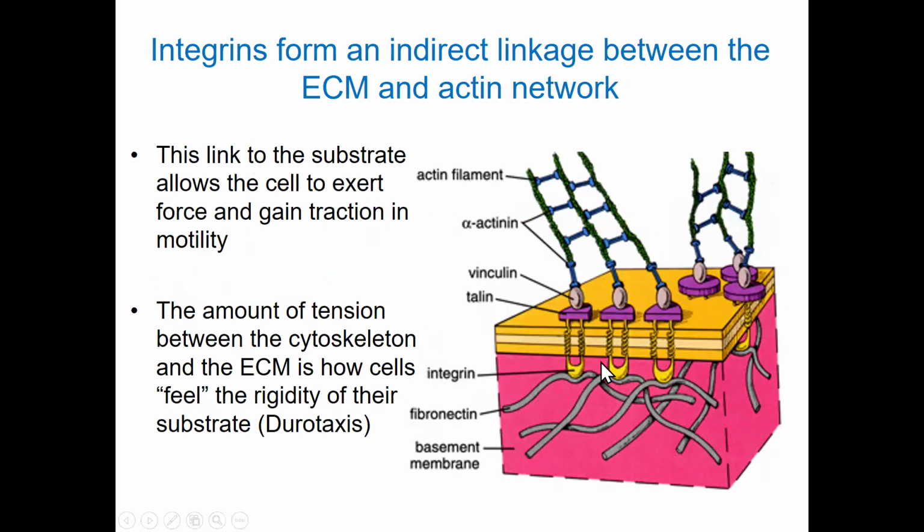Here, more interesting, you can see the integrins anchor this way to the basement membrane, and lots of proteins and actin filaments, how they connect to the extracellular matrix, so that they can pull the cell.